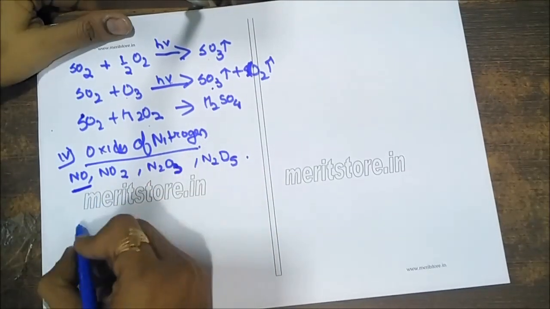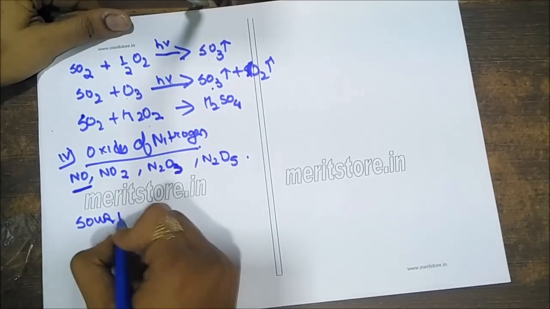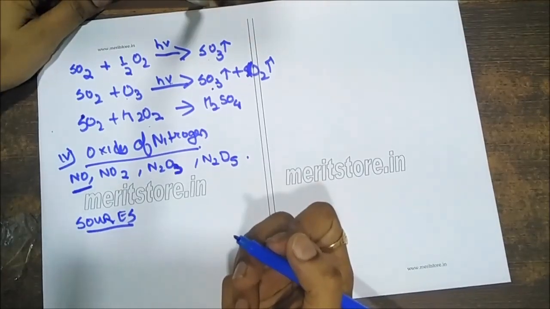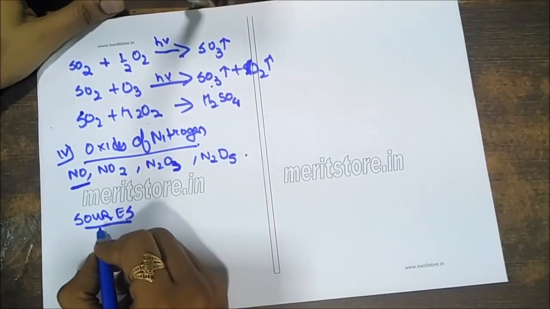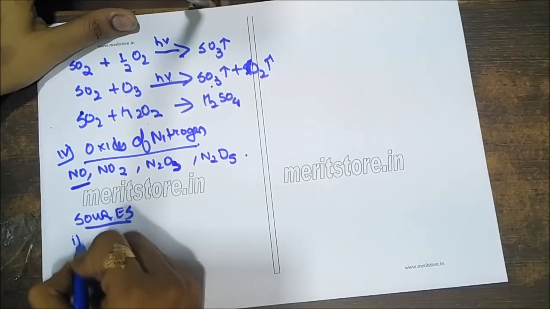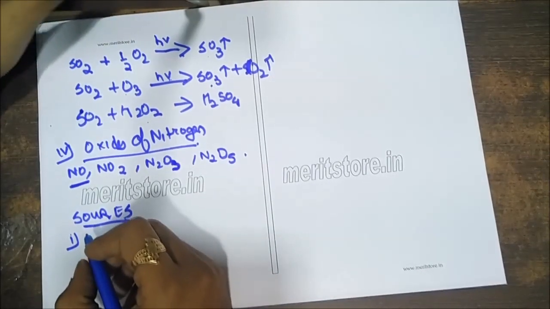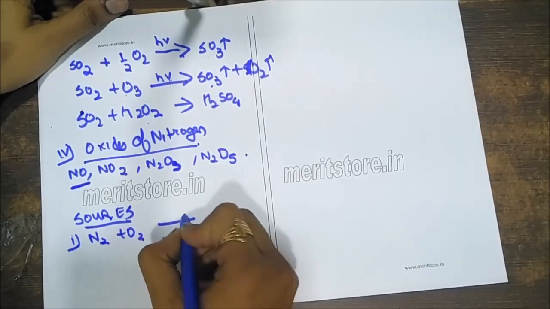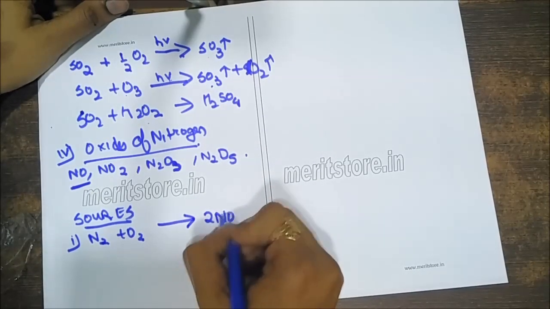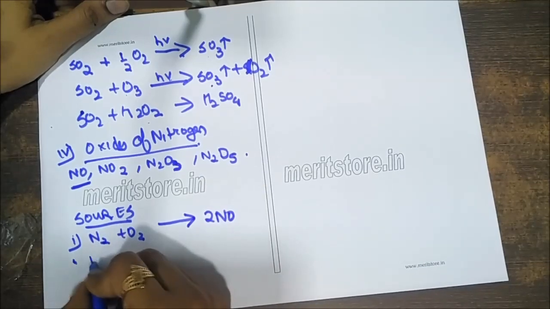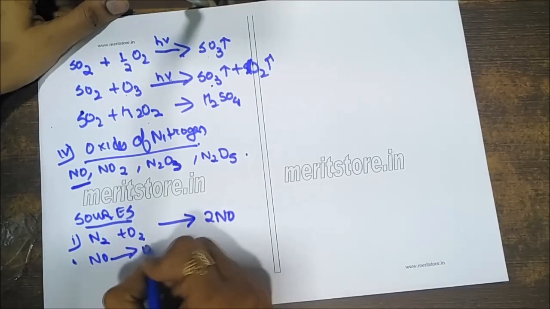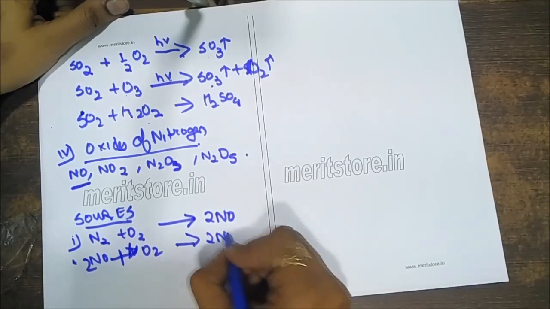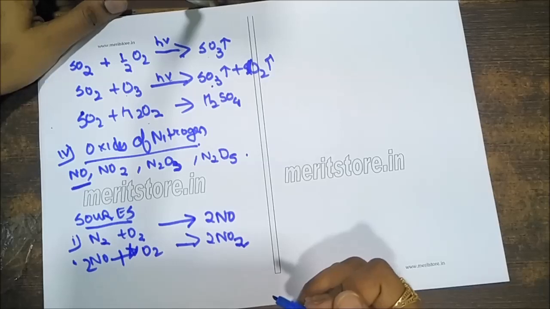Now, what are the different sources? Let's study the sources. So for each of the oxides, two very important points would be sources and effects. Okay, so the first source is, see, when there is lightning and thunderstorm, nitrogen from air combines with oxygen to form nitric oxide. Now this nitric oxide further reacts with oxygen to form nitrogen dioxide. Okay.